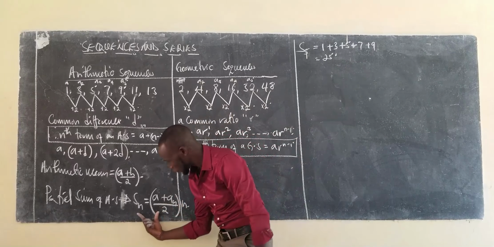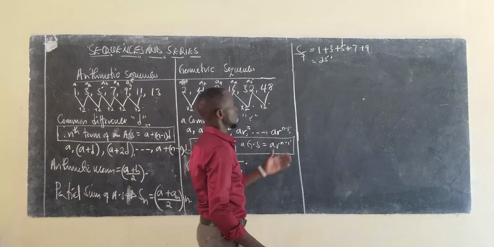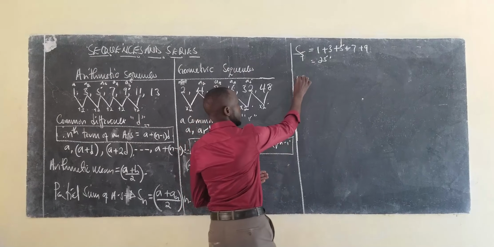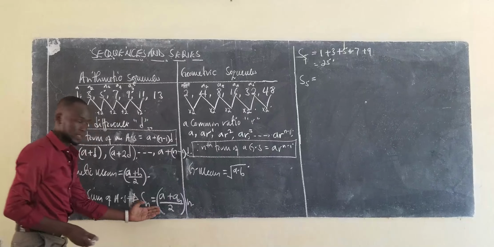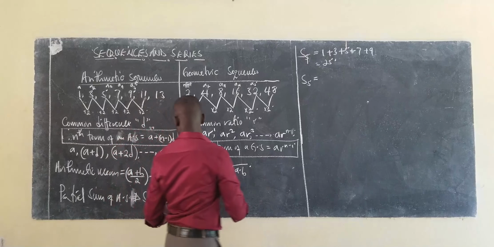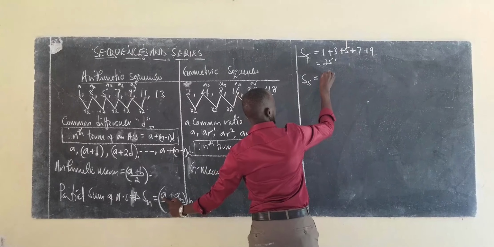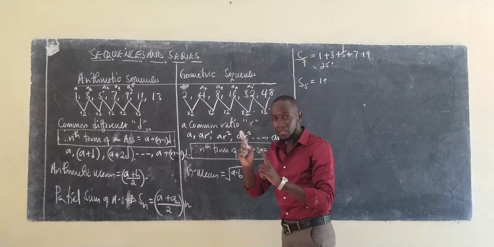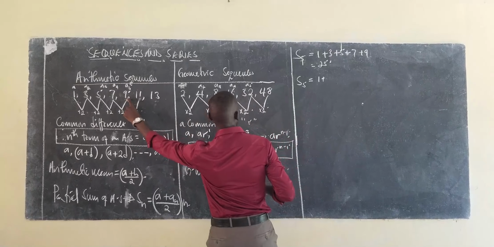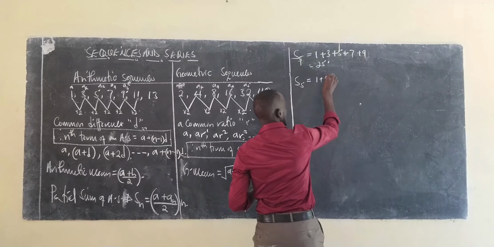How about when we use the formula? We shall have the sum of the first 5 terms. Look at this clearly. We have A, the first term, which is 1, plus AN, the last term, which in this case is 9.